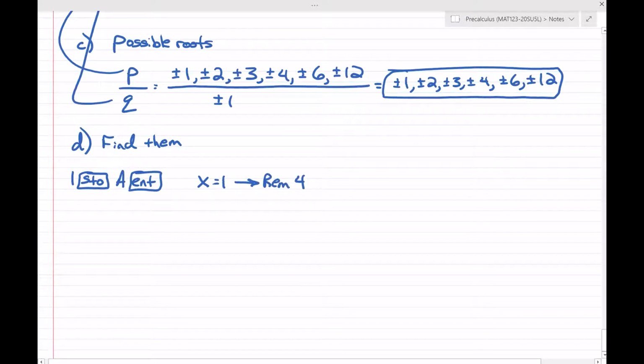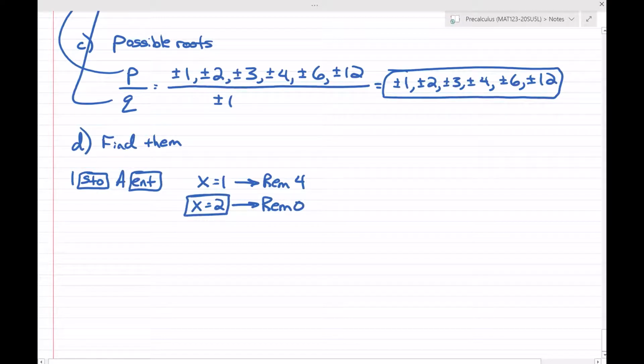And that's not what I want. 1's definitely not a root because the remainder is not 0. I'm going to do the same process with 2. I'm going to store 2 for A, use the up button to go back to the equation that I typed in, and I get for 2, the remainder is 0, which means that 2 is definitely a root.